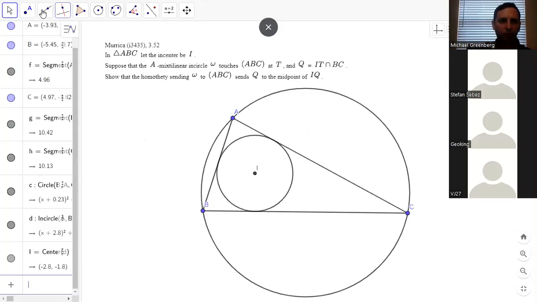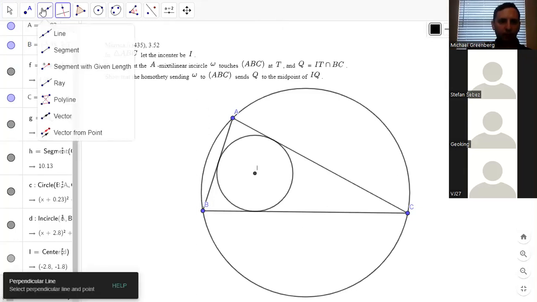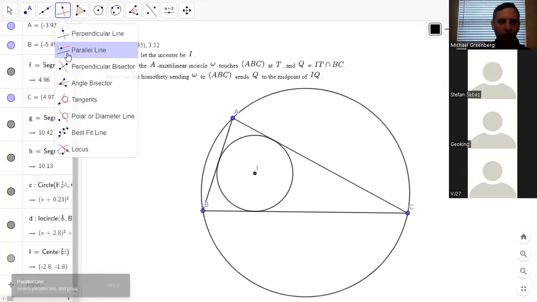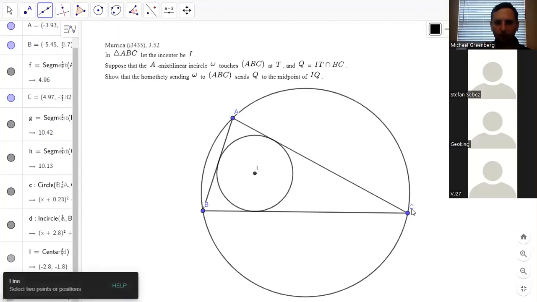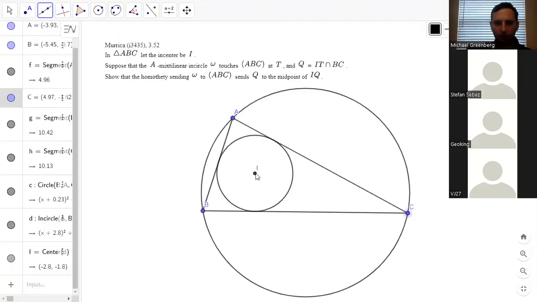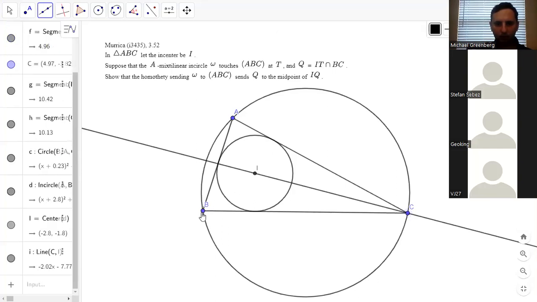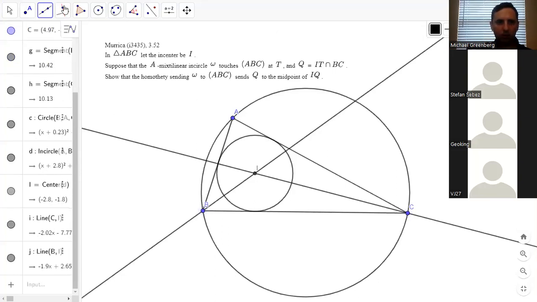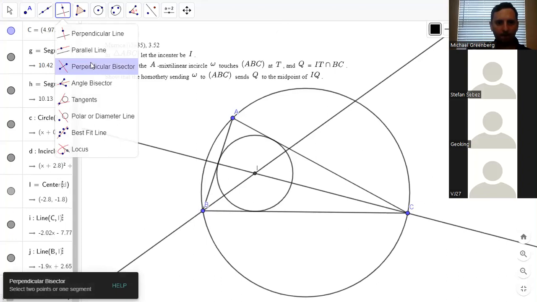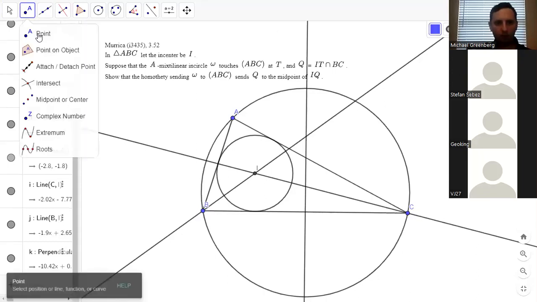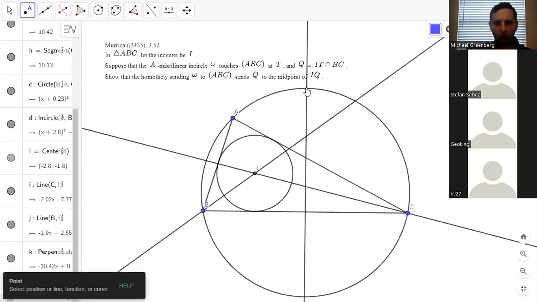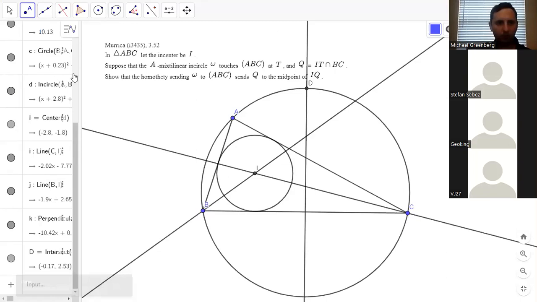Well, no, we're going to draw them. Yeah, I'll just draw it the usual way. Okay. So this is how I like drawing mixtilinear stuff.